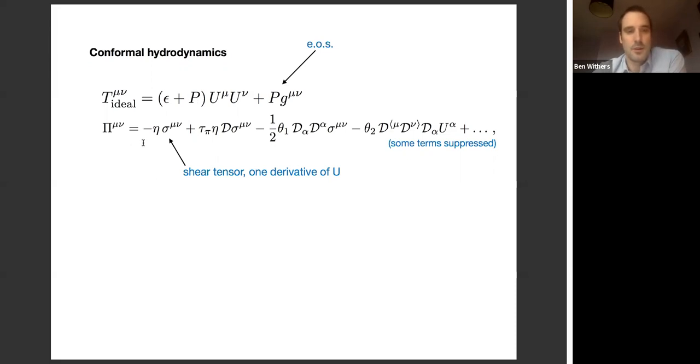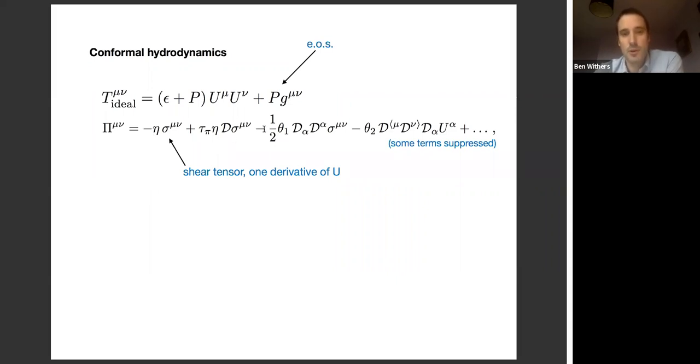And then at the derivative orders, we begin with one derivative term, and the only term you can write down in the conformal theory is the shear tensor. So this is just one derivative of the velocity field appropriately symmetrized, and the coefficient, the transport coefficient associated to it, is the shear viscosity.